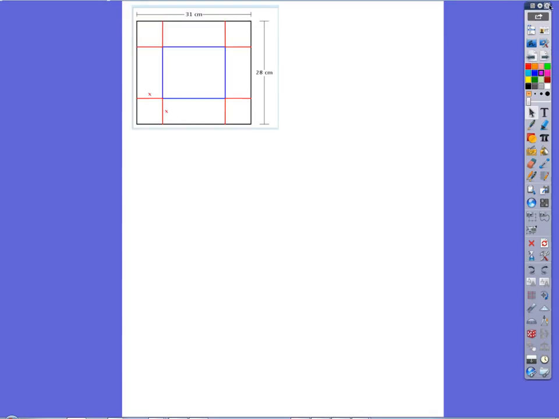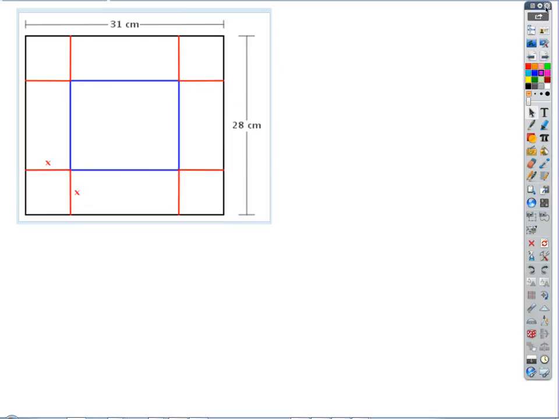So there's our picture, right? Now I've got very limited artistic ability here, but would you agree that this is essentially what our boxes would look like?